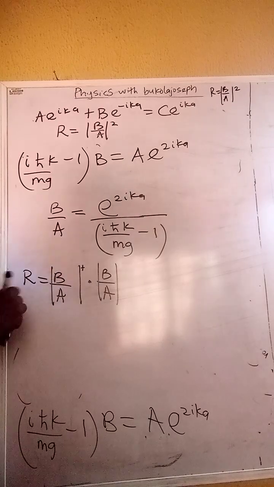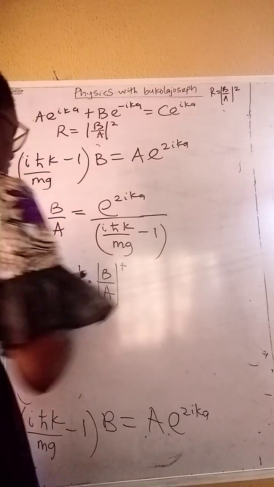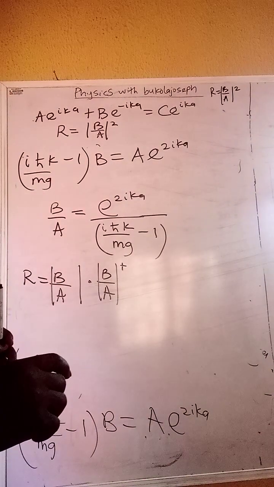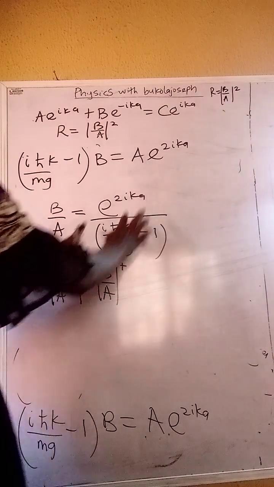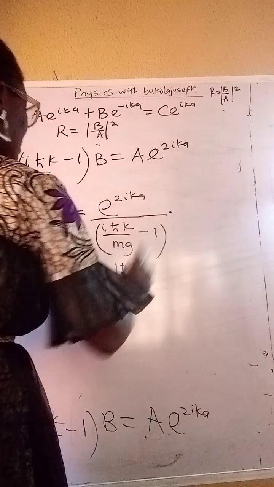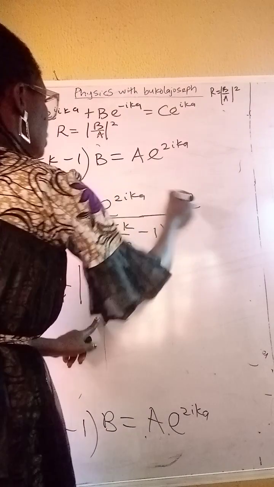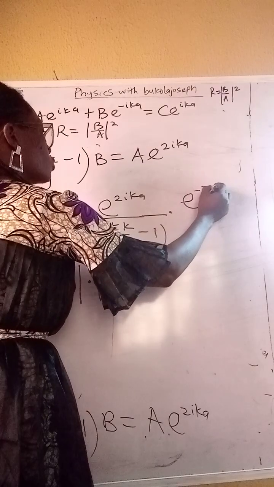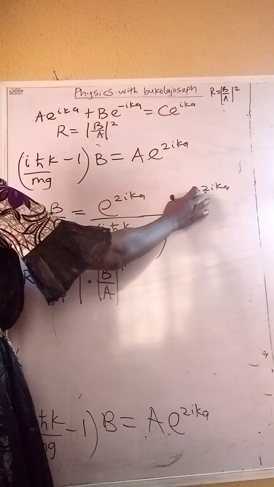Dagger. Let's put the dagger on this, the conjugate on the other side. So we know that this is the formula, right? Since we know that this is b over a now, this is b over a, we are going to be multiplying it now by the conjugate. So we will have exponential, this will now be minus 2ik, because it is having a complex number, so the sign will change.